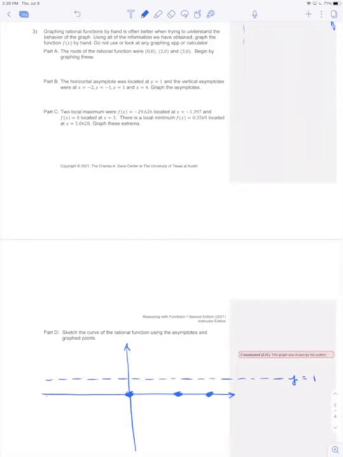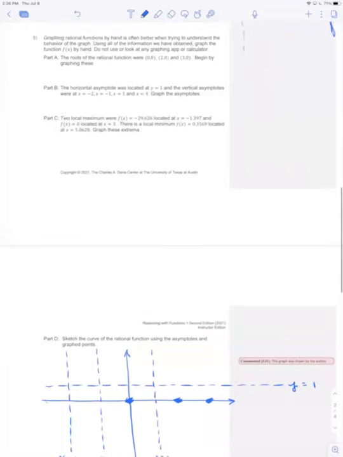The vertical asymptotes were when x was equal to negative 2, x equal to negative 1, x equal to 1, and 4.